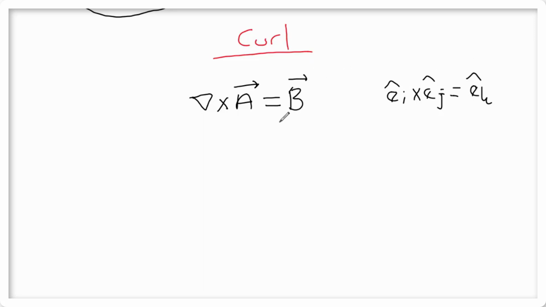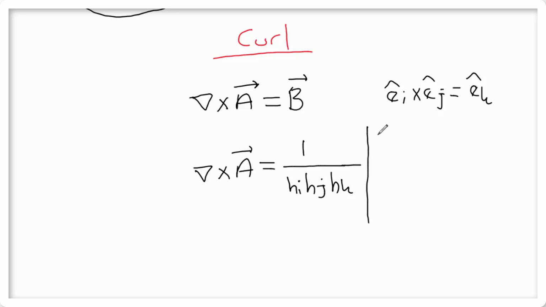Now let's say this from here. How do we do this? For example, before I do it in cylindrical coordinates, let me give the general equation like this. dl cross A is found as follows. h_i, h_j, h_k, and h_i times, for example, h_i times A_i.